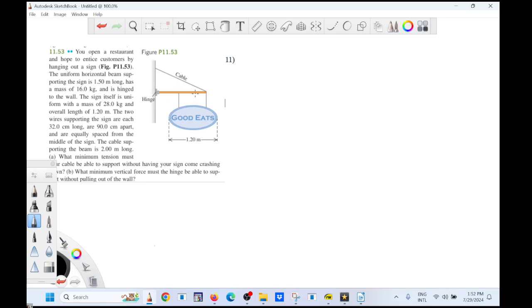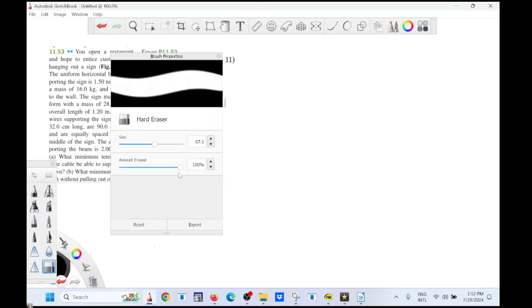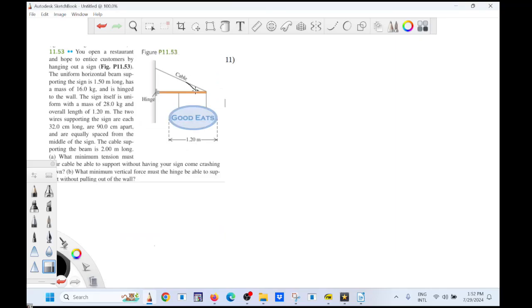So you see here you have a cable. So already you can see that you're going to have a tension, obviously, along the cable. I can call it T sub 3.